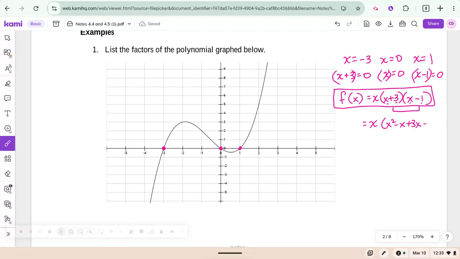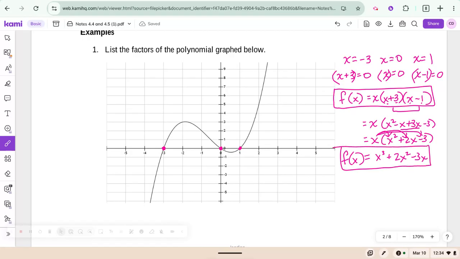And 3 times -1 is -3. Combining my like terms, minus 1x plus 3x is plus 2x. Then I could distribute the x to each of these. So I'd get x cubed plus 2x squared minus 3x. So this would be the polynomial in standard form.